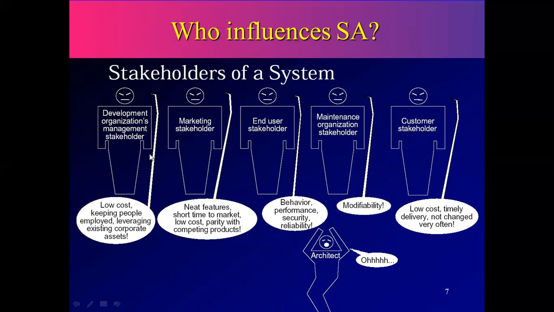Everyone has a different perspective of their own. The development organization management stakeholder works on low cost, keeping people employed, and leveraging existing corporate assets. Marketing stakeholders need features, short time to market, low cost, and parity with competing products.